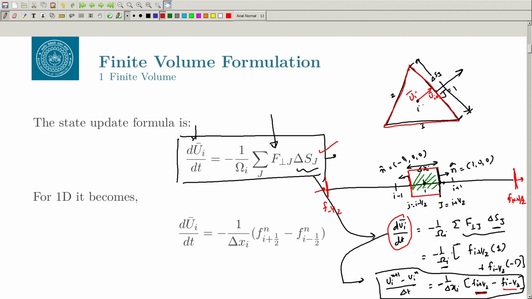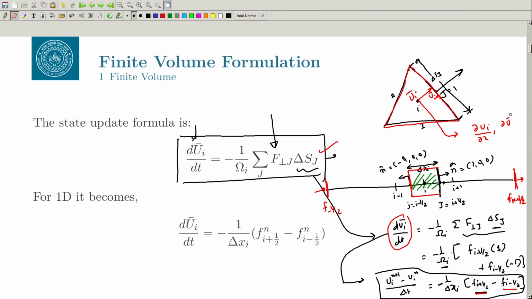If you know the cell gradient from the linear variation, you can get the cell variation here, du I by dx, and du I, not the bar, only the variation of u. U I bar is the cell average value.